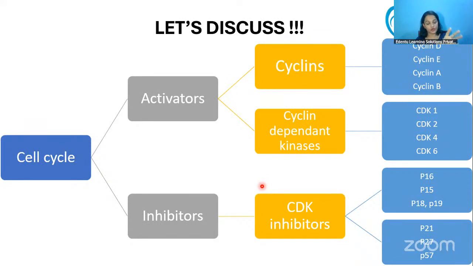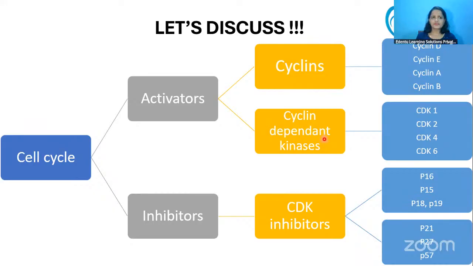Those activators are mainly cyclins and cyclin dependent kinases. These two are the activators of the cell cycle. If these proteins are present, then the cells will continuously, regularly go through the cell cycle. That's the main role of cyclins and cyclin dependent kinases. Next, we have inhibitors.